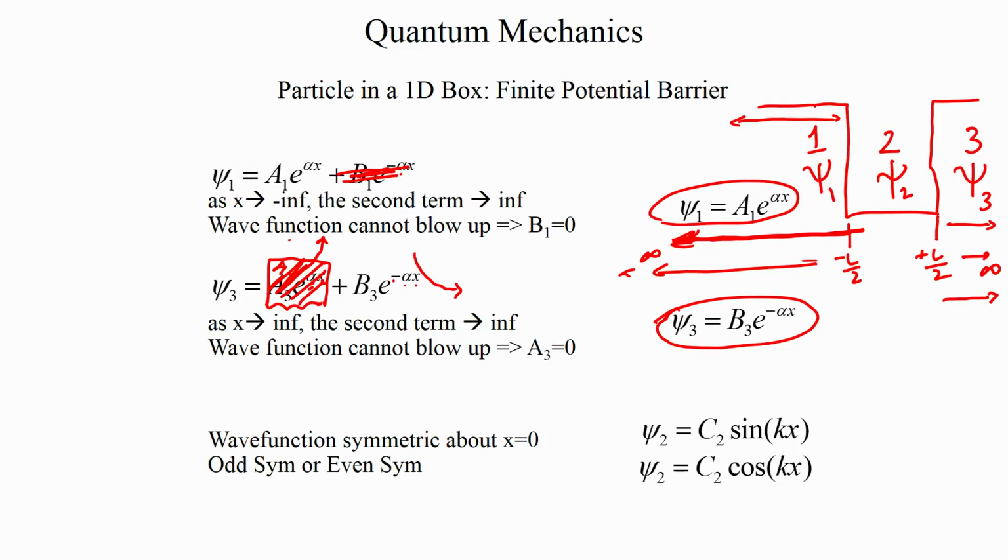Now, in region 2 you could have sines or you could have cosines. In the case of the infinite potential well, if you remember, we had a general solution, I think we used A and B there, A sin kx and B cos kx.